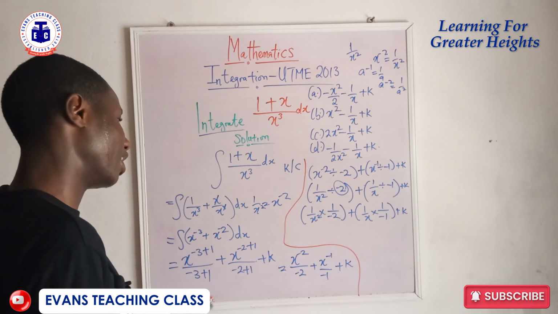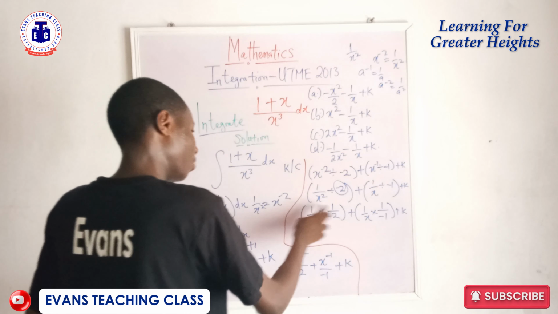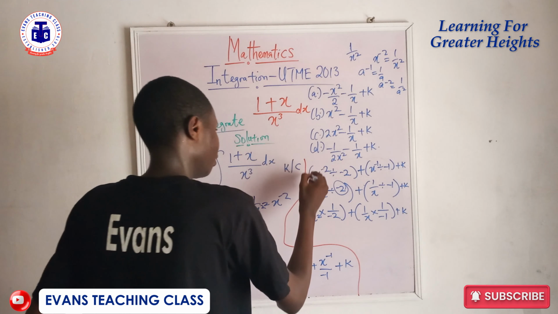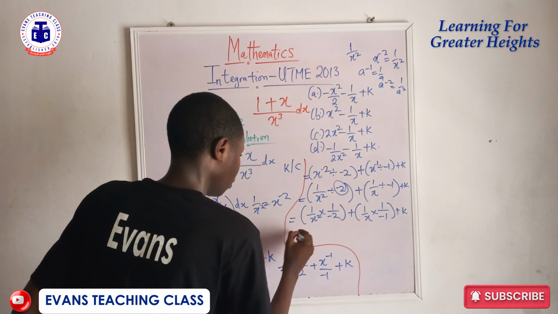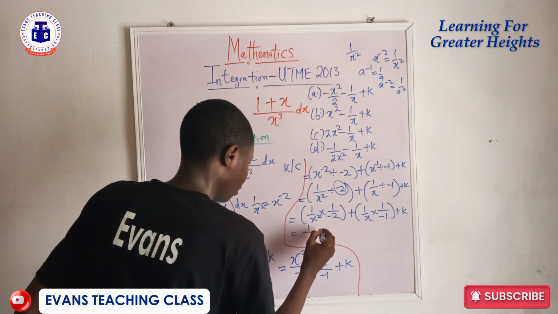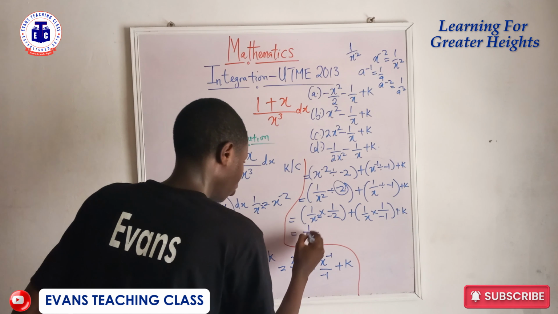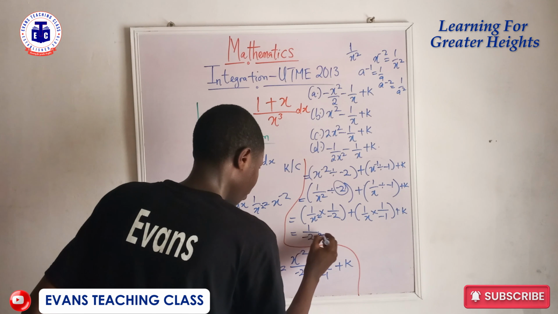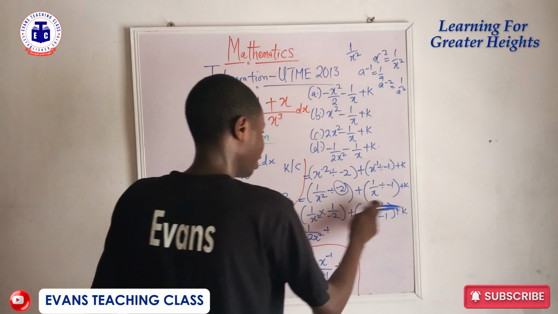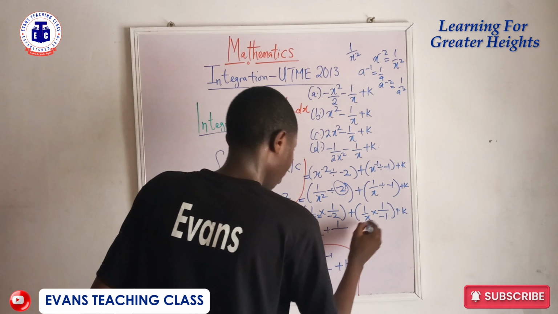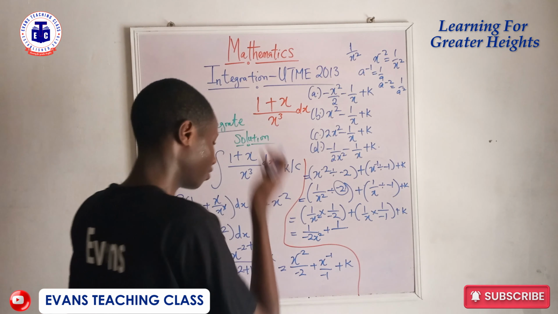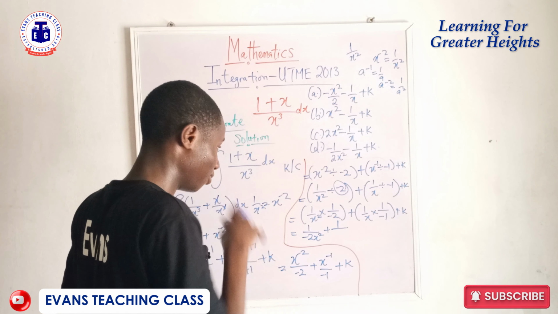Now the next thing we are doing is 1 times 1, 1. Minus 2 times x squared, minus 2x squared. Plus 1 times 1, 1. x times minus x. What do you get? Minus x.